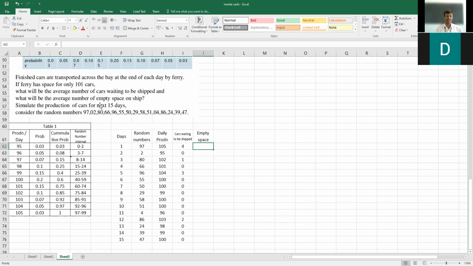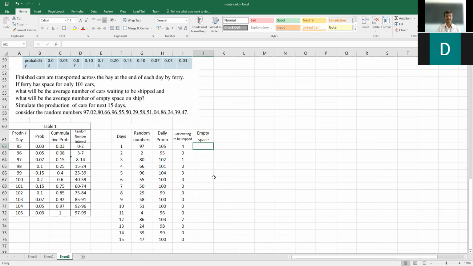If our production on a given day is less than 101 cars, then the vehicle we use to transport the finished product will have some empty space. Instead of carrying 101 cars, the vehicle may be carrying a number less than 101. Even if the vehicle carries 100, one space will be left out. So that we call empty space.